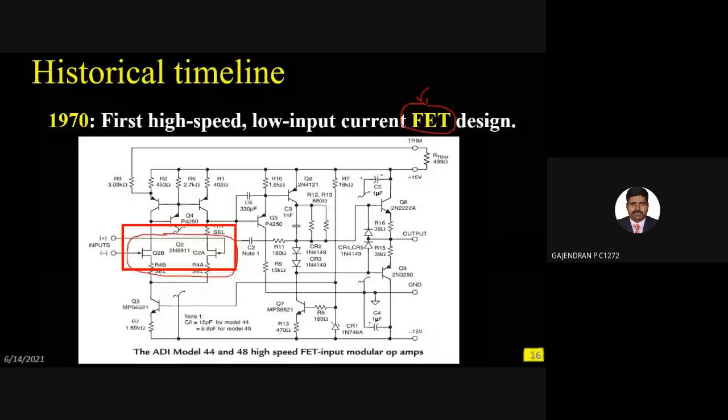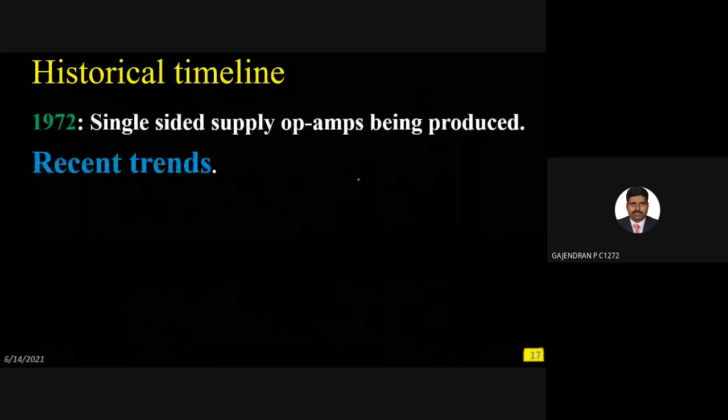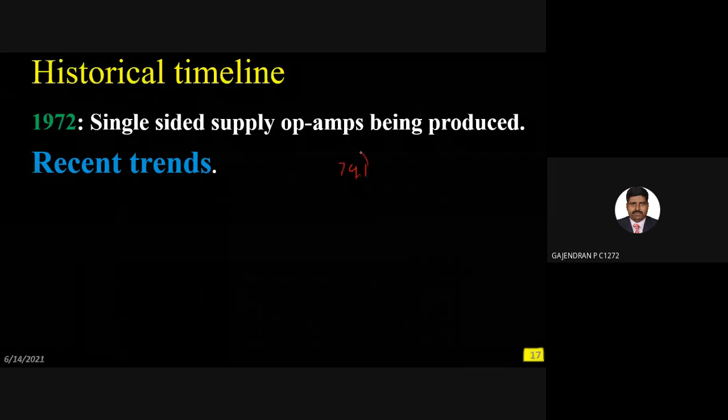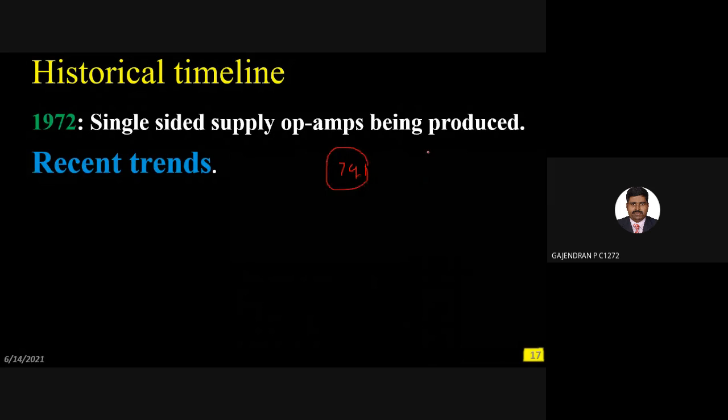Okay. So later, not only the circuit elements and the number of circuits, but also as we go from previous years to the current years, the operating voltage has also improved. If you consider the 741 IC, the operating voltage we were using was plus or minus 15 volt, or you can also use plus or minus 12 volt.